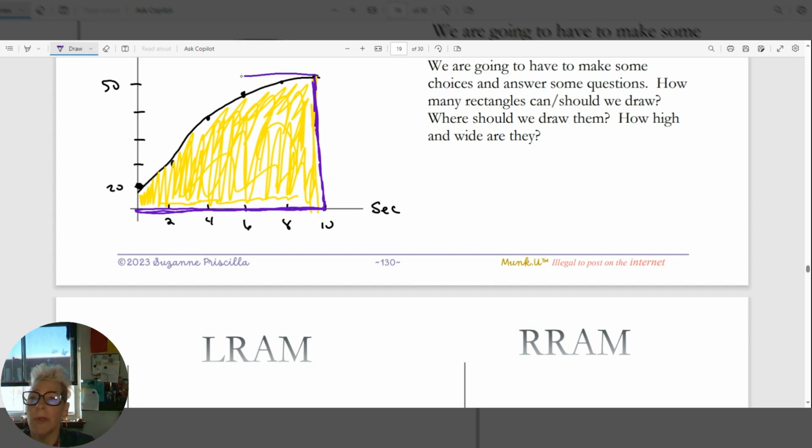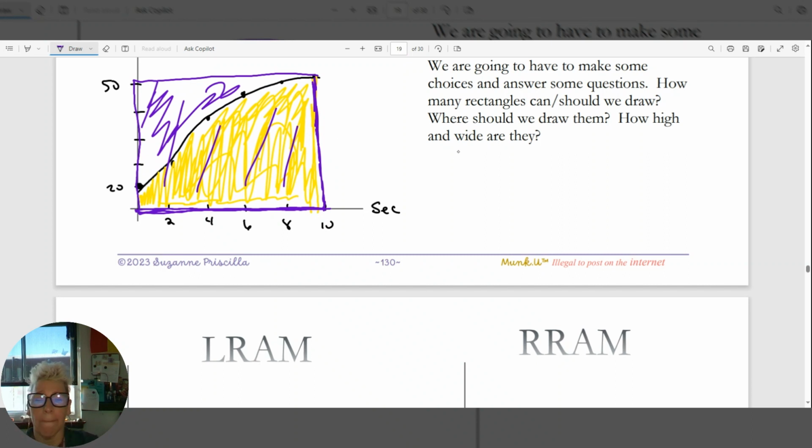So I am going to top this off in order to make a rectangle. Now, we can clearly see, if we find the area of this rectangle, that we are grossly overestimating the amount of feet, because all of this space up here in purple is more than the area under this curve.